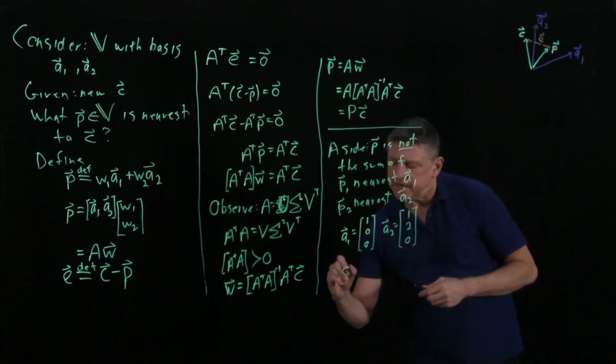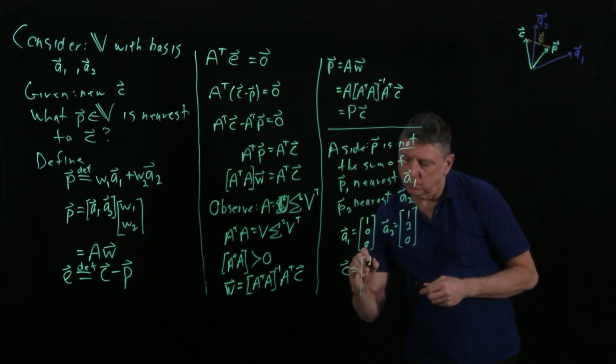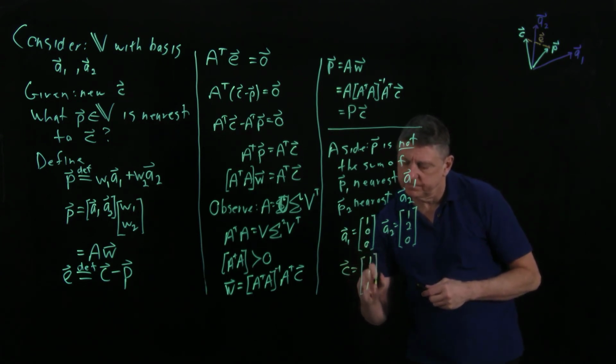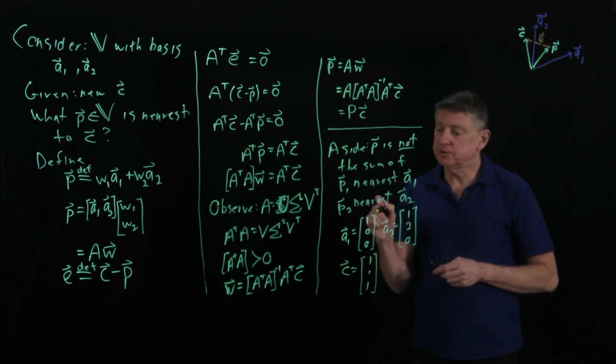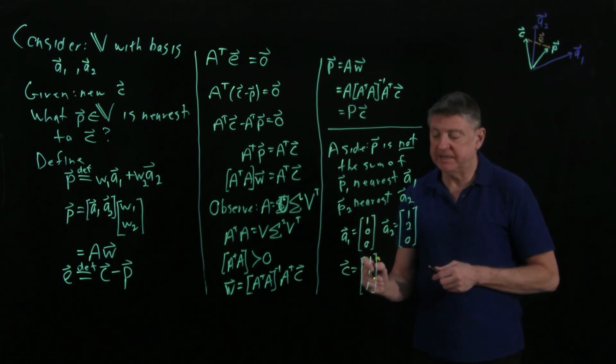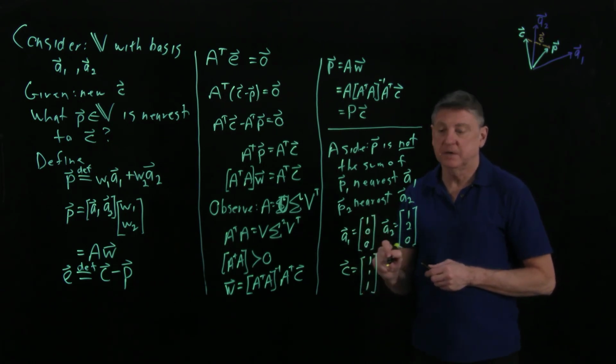If you then take a vector c, which is 1, 1, 1, then by geometry, the nearest point p that's in the xy plane is, you would just drop that bottom entry.